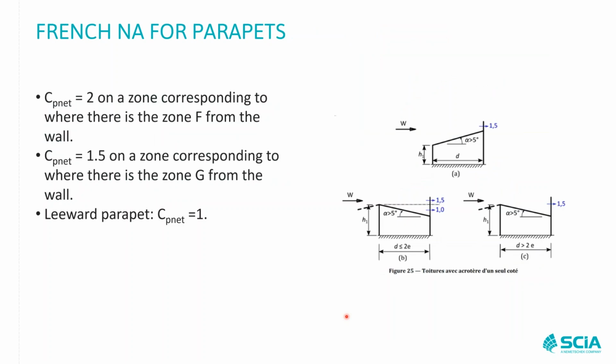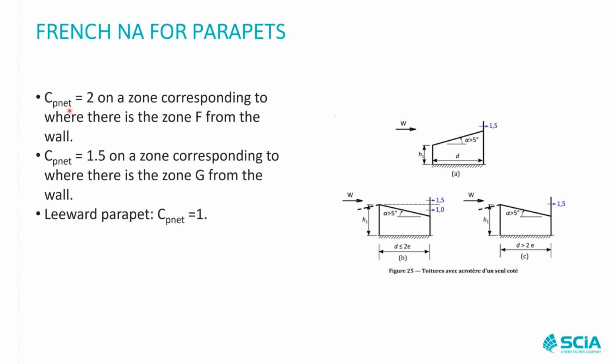What we also did as an enhancement of our solution, and as a continuation of the development which we did, was related to parapets. That's the application of the French National Annex for parapets. Here I'm mentioning the cases where it is applied, and also the values of the coefficients of CPNet.